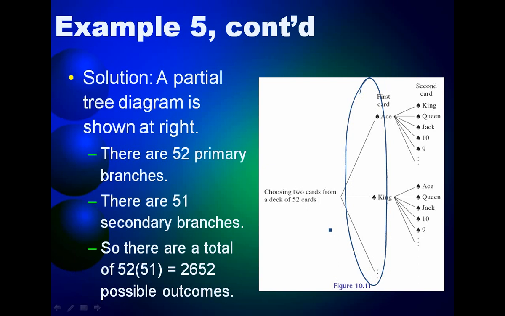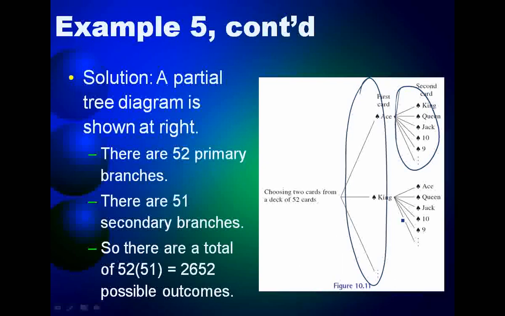Then there are 51 secondary branches that come out from each one of the 52 branches that we had initially. So if we use the counting principle, 52 times 51, there are 2,652 possible outcomes when you pull 2 cards out of a deck.